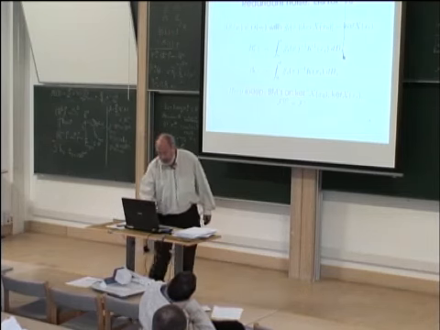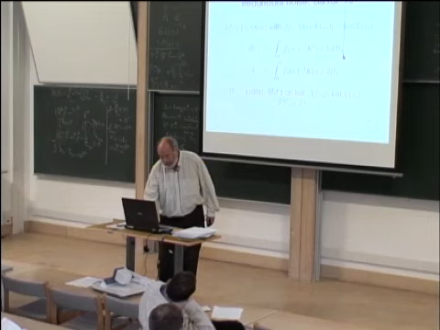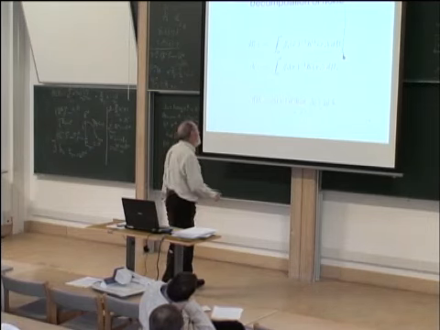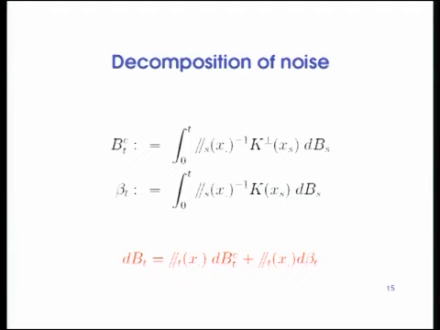That's perhaps slightly less obvious. Here's a repeat of the definition. I just want to make the point that we have actually decomposed our Brownian motion using an Ito type decomposition into redundant and essential noise.